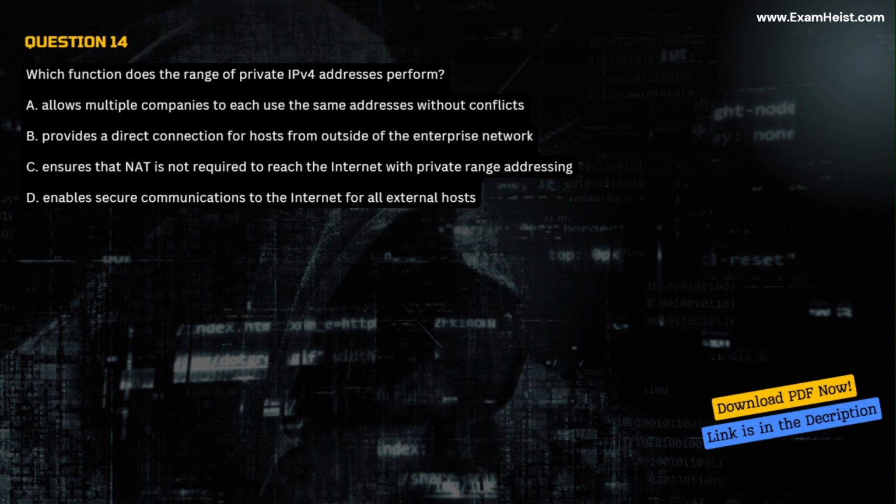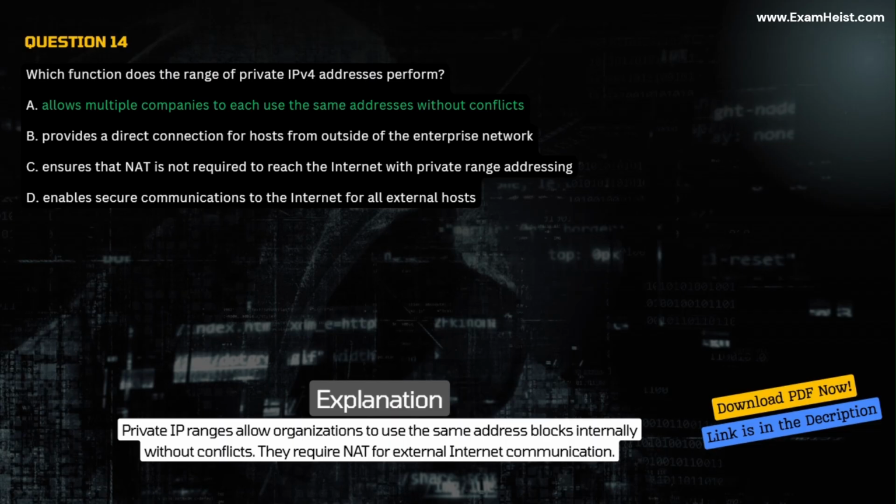D. Enables secure communications to the Internet for all external hosts. Correct answer A. Allows multiple companies to each use the same addresses without conflicts. Explanation. Private IP ranges allow organizations to use the same address blocks internally without conflicts. They require NAT for external Internet communication.